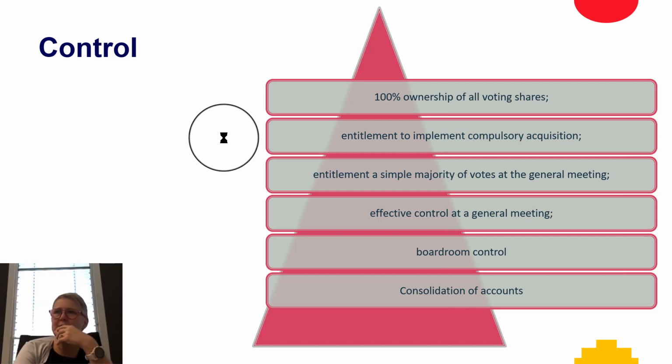At 75%, you can pass an extraordinary resolution, which effectively means you can change the name of the company, you can change its business, you can really decide who the board member is going to be. You really do have effective control, but you don't have universal control.